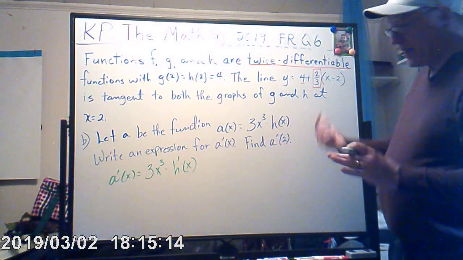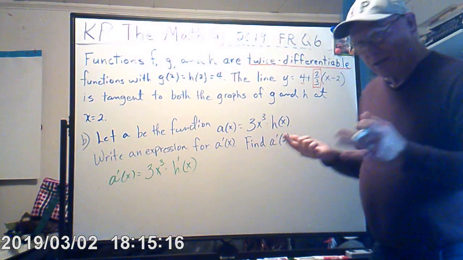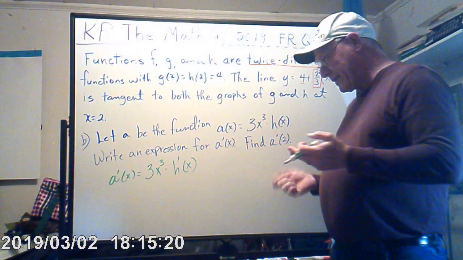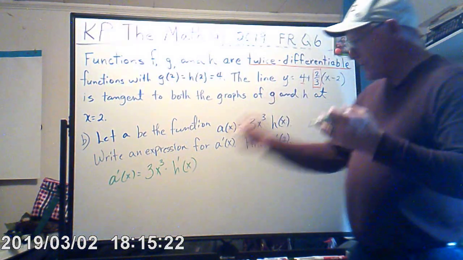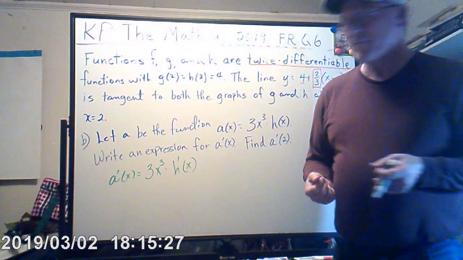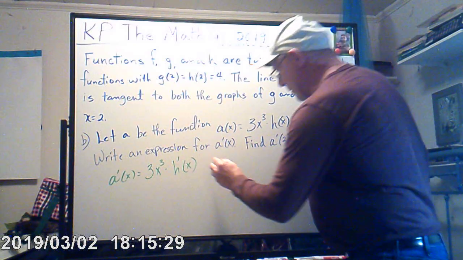Whatever this is. When you see something like this, students, you just have an h of x. The derivative of h of x is h prime at x. The derivative of h prime at x is h double prime at x. And so on.